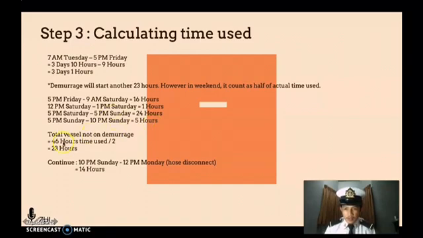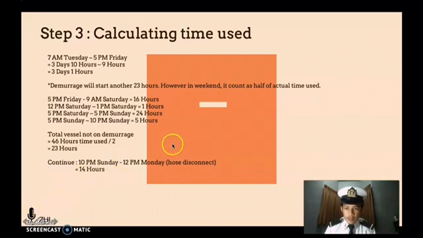So the total time used while the vessel is not on demurrage is 46 hours. Then we divide it by 2, we get 23 hours. The calculation continues from 10 PM Sunday until 12 PM Monday, which is when the hose disconnects. So in total we get 14 hours.